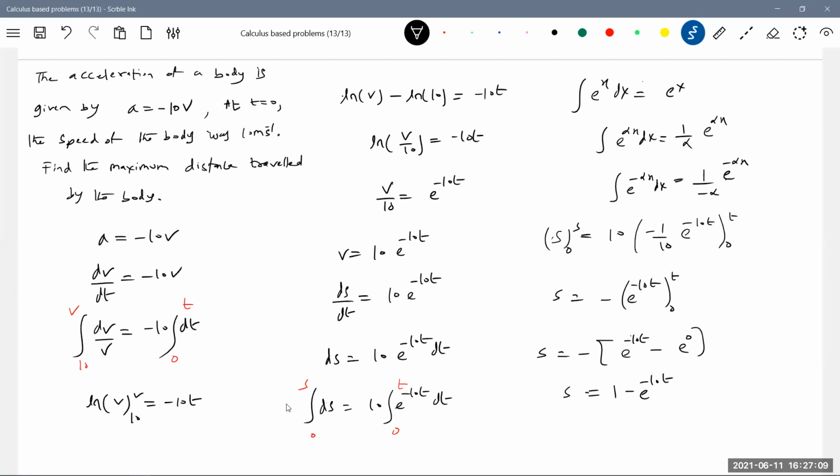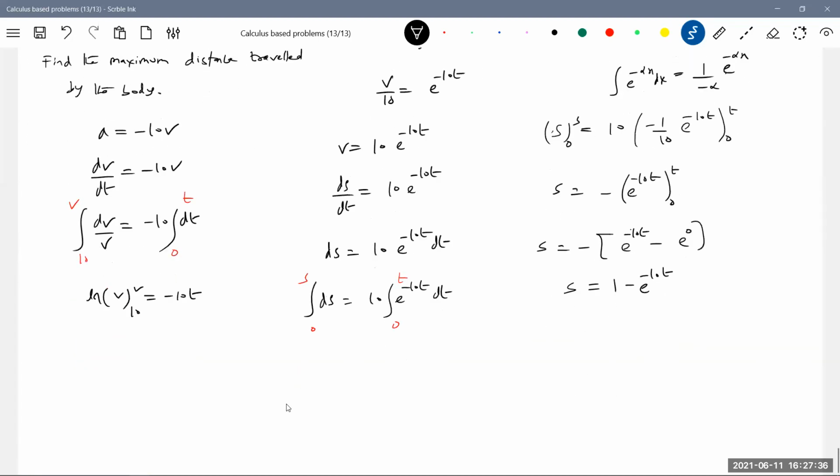What we got? Maximum distance traveled by the body. What to do here? You know this function. I hope I plotted graph also. Unless you have interpreted the graph, it is very difficult to conclude anything.